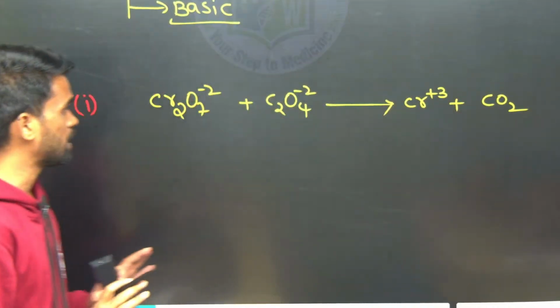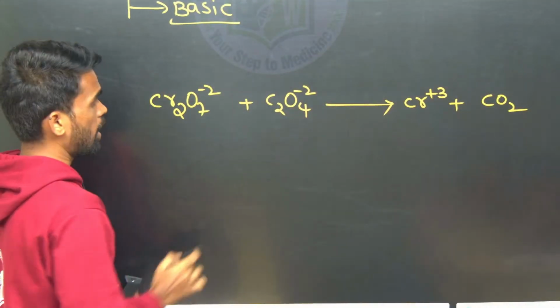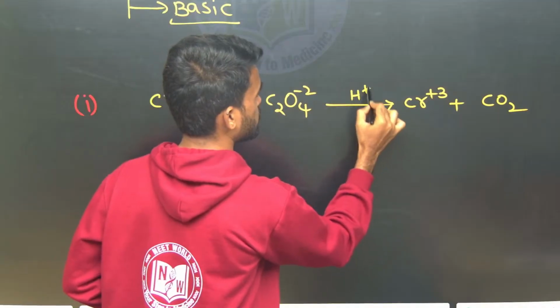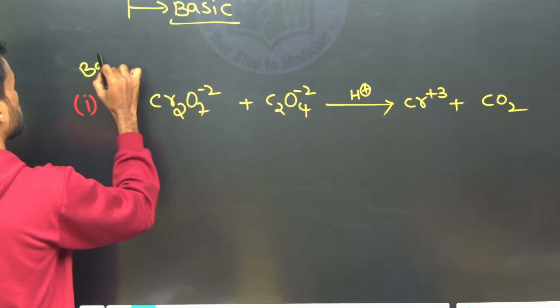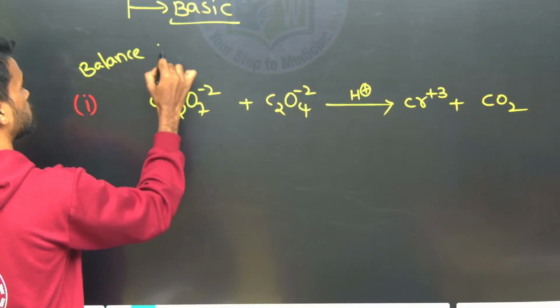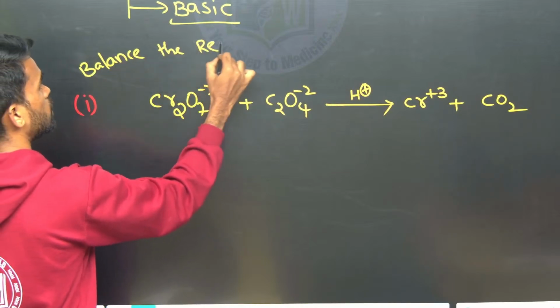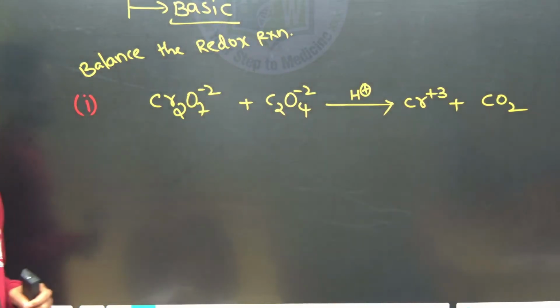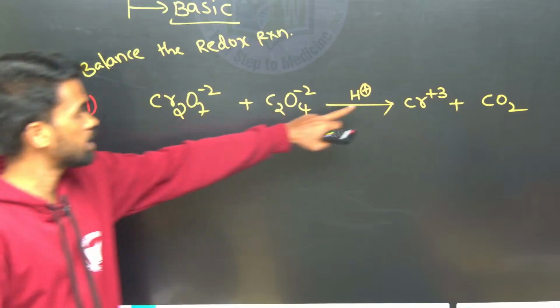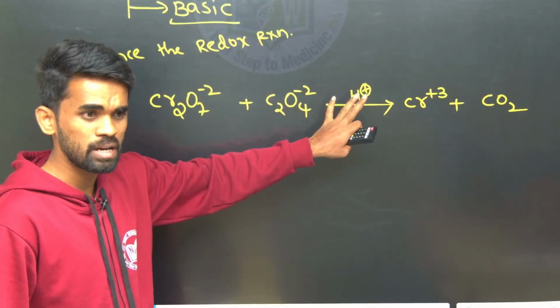So like this they will give the reaction, and sometimes they will mention acidic medium. Okay, so they will say balance this redox reaction. Here we are seeing H plus ion, so it means it should be in acidic medium.